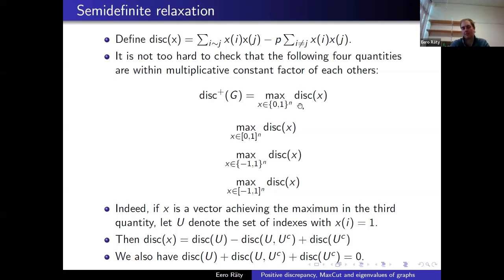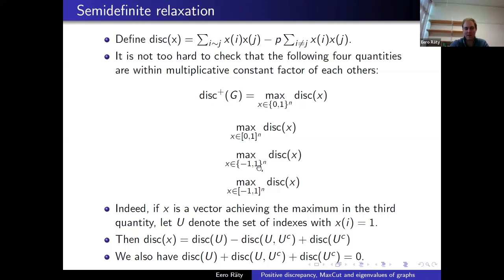So it doesn't matter if we take the maximum over those vectors x which are only 0, 1 valued, or over those which have xi's between 0 and 1. By a similar argument, it doesn't matter whether we choose the coordinates from the set -1, 1 or from the interval between -1 and 1. Now the question is why it doesn't matter whether we pick the entries from the set 0, 1 or from the set -1, 1.